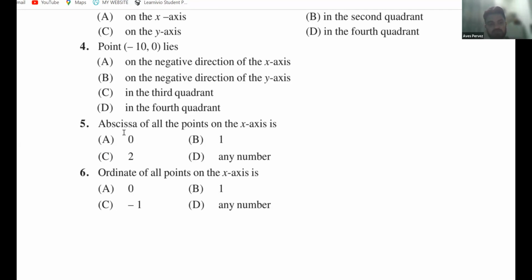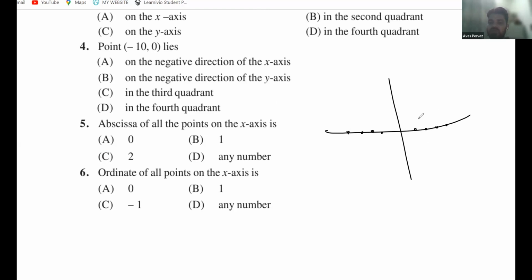Abscissa of all points on the x-axis is any number. Let me explain one more time. For example, this is x, this is abscissa. So if any point lies on the x-axis, it can have any value.